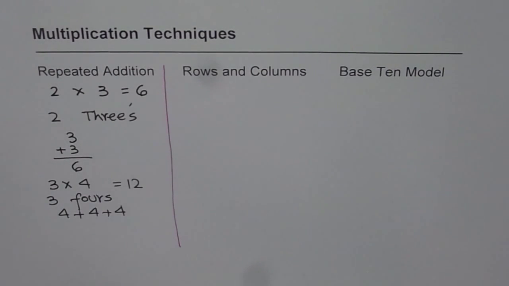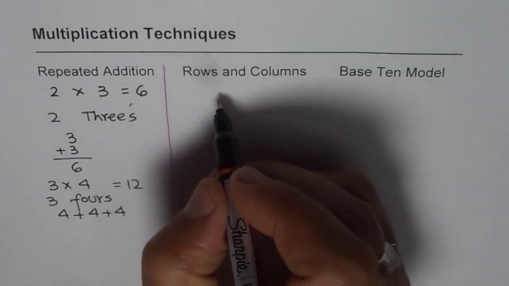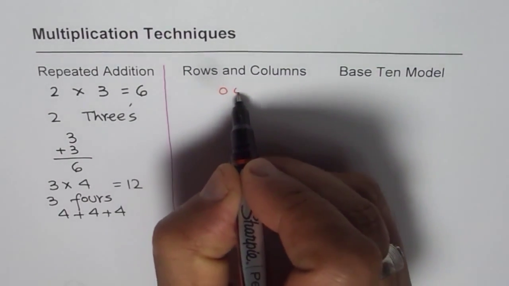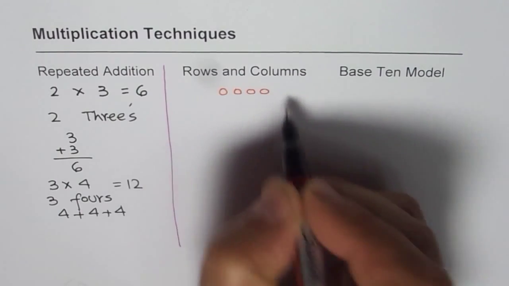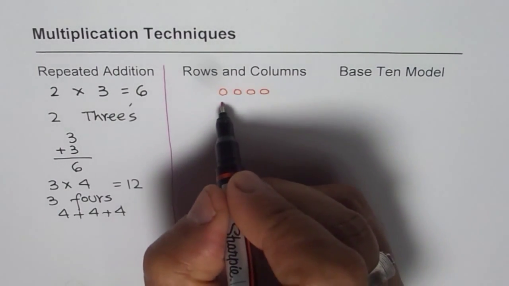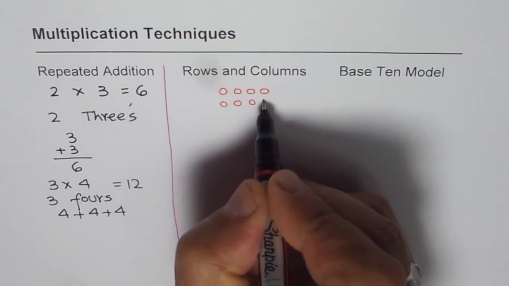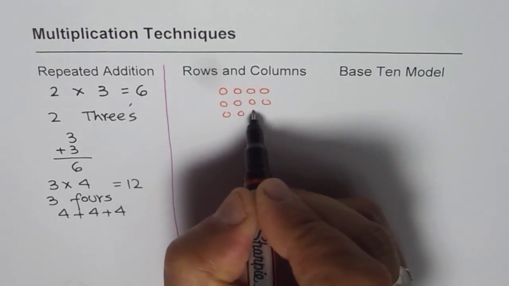Now the second technique is about rows and columns. Let us consider a few marbles in a row. Let's say there are 1, 2, 3, 4 marbles. And if we have 3 rows of these, how many marbles do I have?